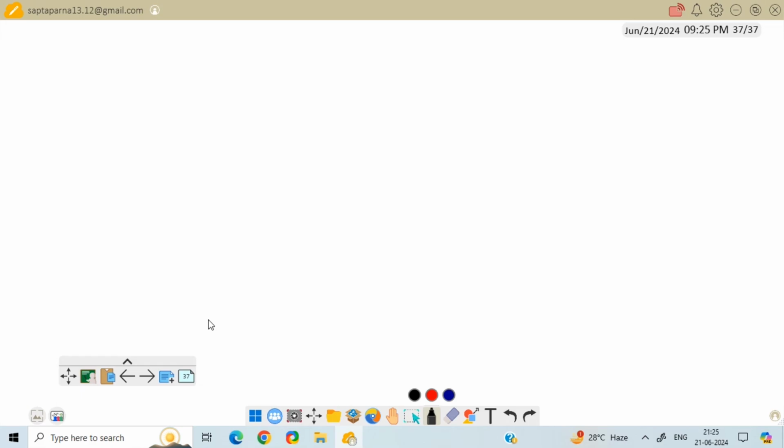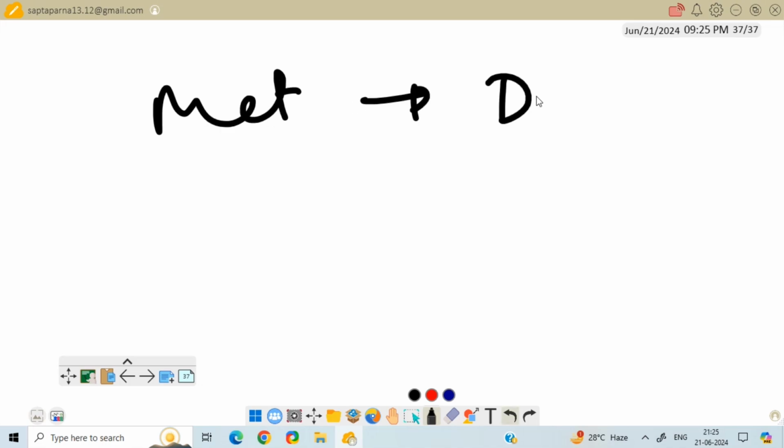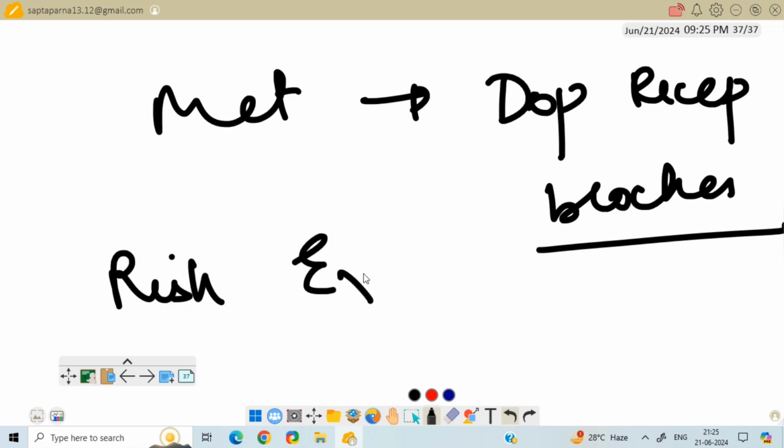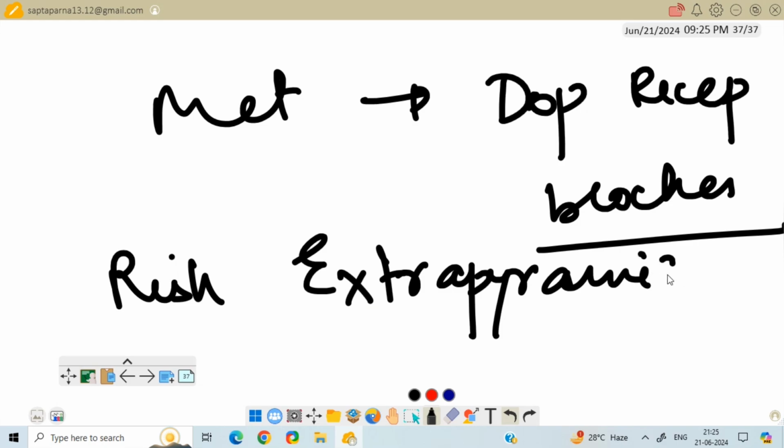Now, what are the problems with these? Metoclopramide is a dopamine receptor blocker. What is the risk? There is a risk of developing extrapyramidal side effects with metoclopramide.